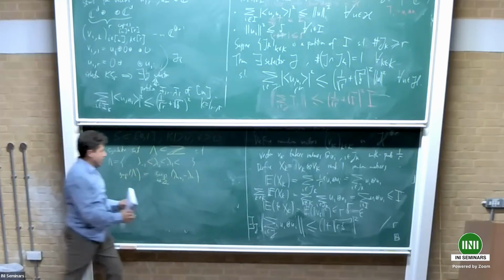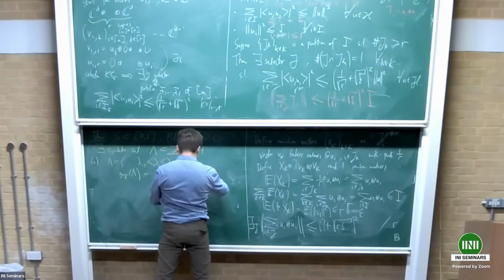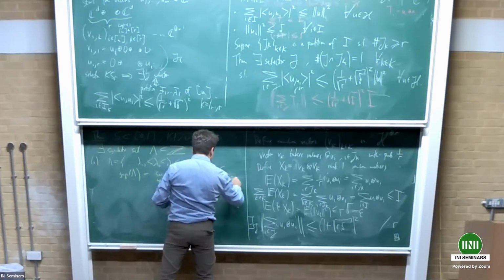The gap will be bounded by some constant divided by the measure of S times epsilon squared.